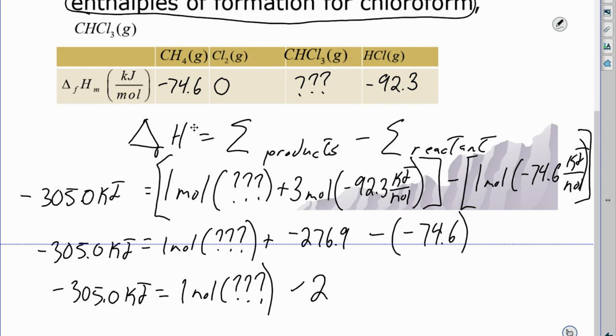Minus 202 kilojoules. Now, or add negative 202, whatever you want to do. Now we add your 202 to both sides.